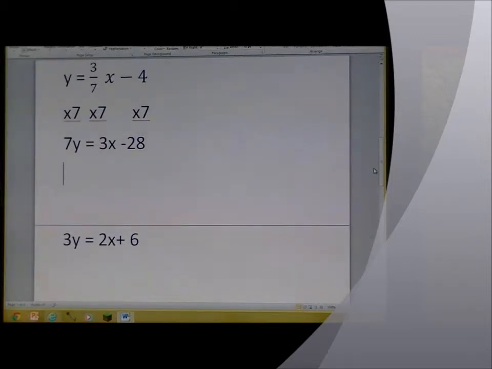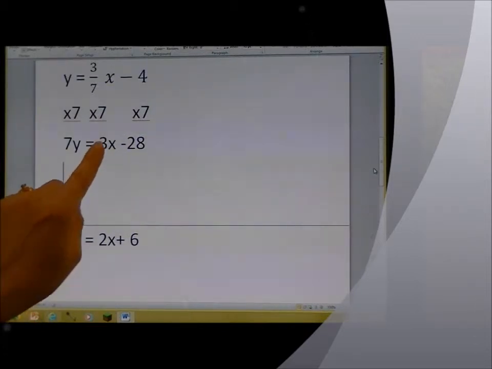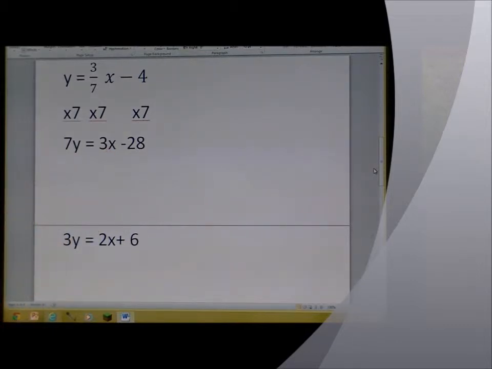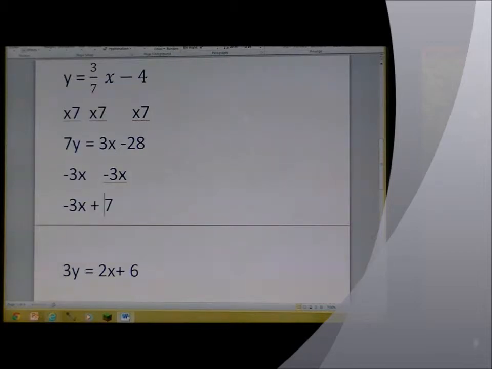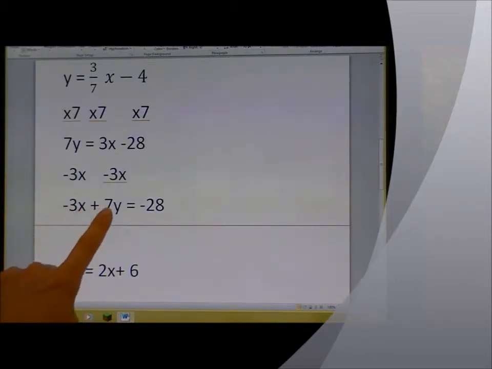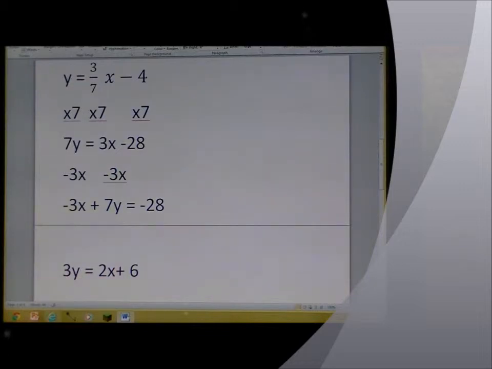So to get this in standard form, I need to subtract 3x from both sides of the equal sign, and then rewrite it as minus 3x plus 7y equals negative 28, and that's how I do it in standard form. So it has the form a coefficient of x plus the coefficient with y equals a constant. That's standard form.